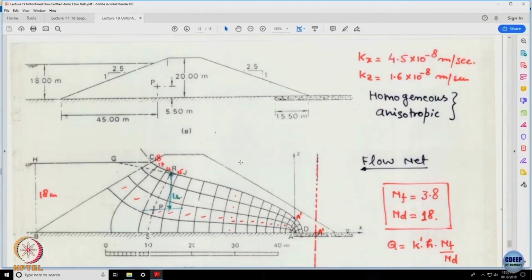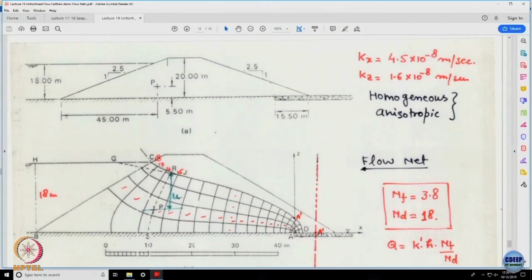So, suppose there is a situation like you have an embankment, there is a filter layer. What I have done, a close look at this figure will show, is that I have shifted the point A inside the body of the dam, and that answers the question which he is asking, that how would you control the seepage lines so that they do not cut the downstream slope.